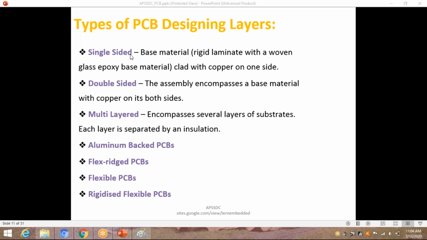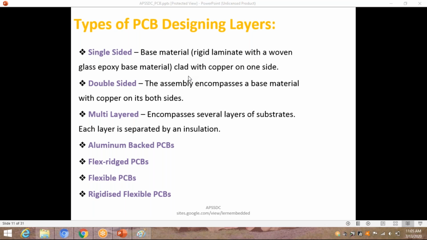We can reduce the cost also. Yes, you can reduce the size of the board, sir. Okay, that's nice. Wonderful. Double-sided PCBs reduce the size and complexity of the circuit.